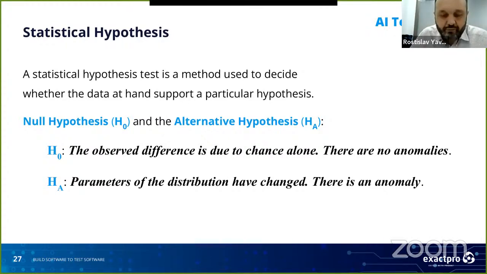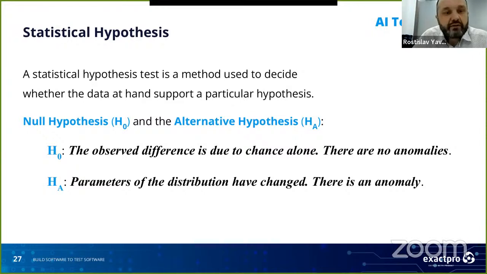Definitely we are working with random variables, so you cannot have the same data today as you had yesterday or the day before, but all changes you have are just due to chance alone. Then you have the second hypothesis, called the alternative hypothesis, which says that the parameters of the distribution have changed. So actually you have an anomaly and the data has a different distribution.